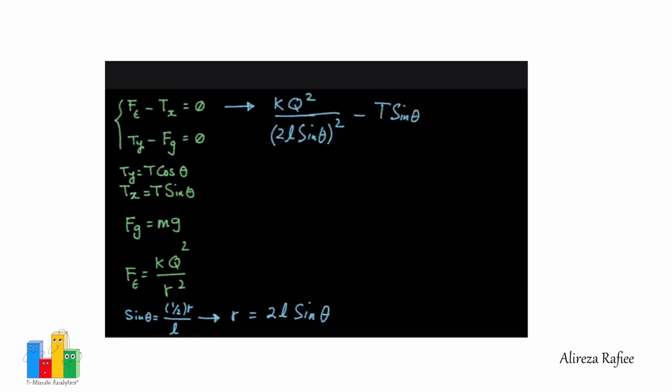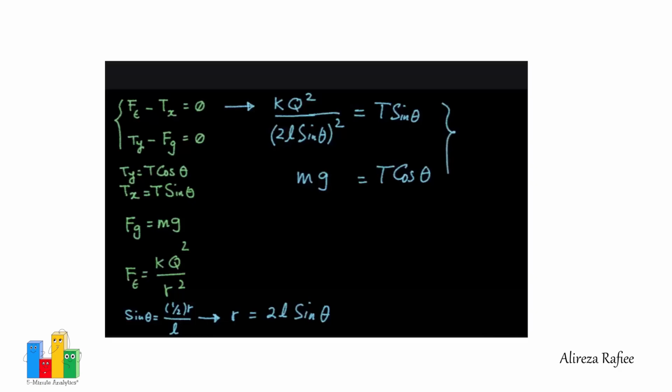Now I can take the T x to the other side, and so this would become equal to T sine of theta. Then we have T sub y, which I'm going to write here, T cosine of theta equal to F of g, which is mg.